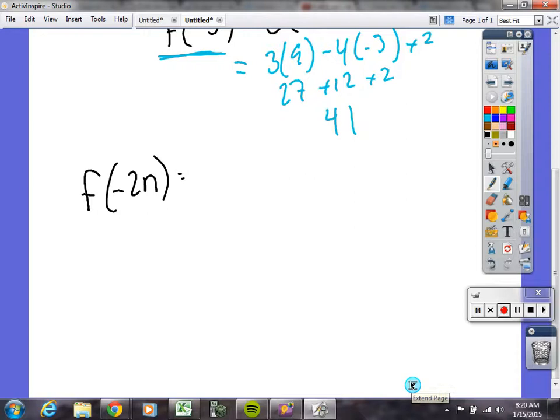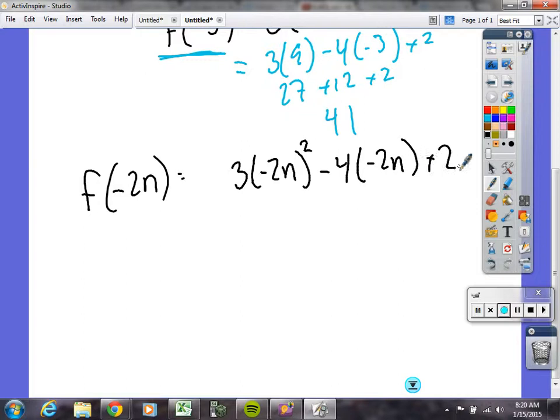Okay, so therefore we're going to do 3 times negative 2n squared minus 4 times negative 2n plus 2, correct? Does everybody understand where that came about? Any questions? Still using that same f of x, right?